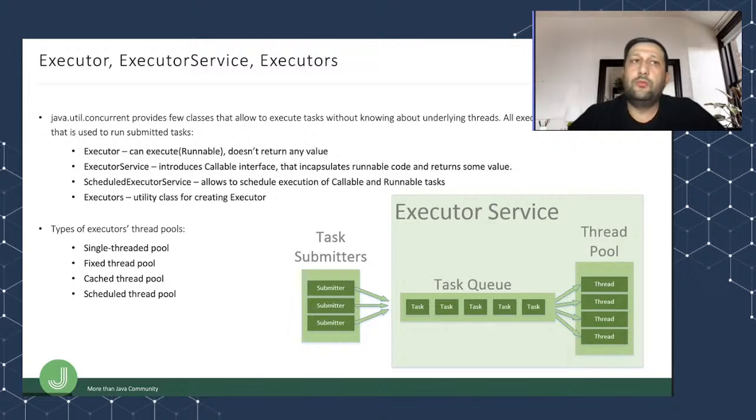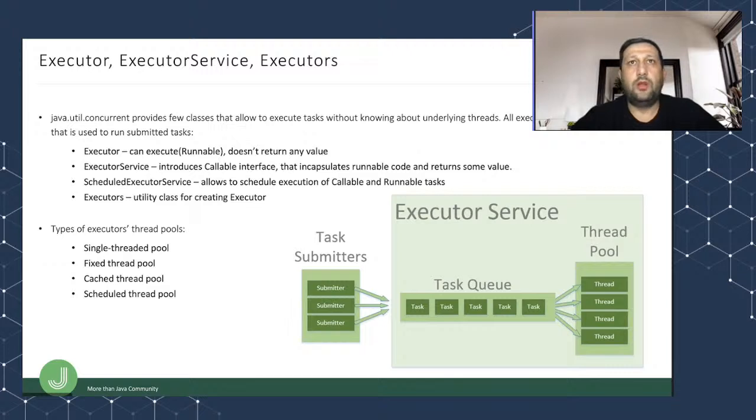Also, we have a couple of problems with thread pools. We need to calculate the optimal number of threads in the thread pool, and it can be calculated by using the number of cores of your processor. And also, another factor, we need to know what kind of tasks we need to do.